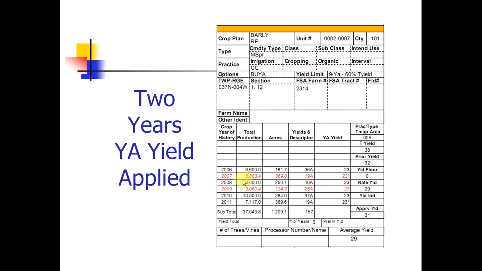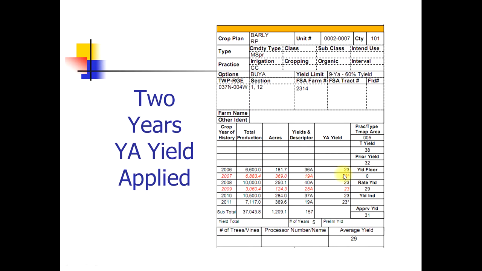So as you look on here, you can see in 2007, we had a 19 bushel average. The county average for this area is a 38. So the lowest in any given crop year that their yield can go is 60%. So 60% of 38 would be 23 bushels. So in other words, instead of using this 19 to figure what they're going to use for your guarantee in the crop insurance, they're going to plug a 23 in there, if that makes sense.